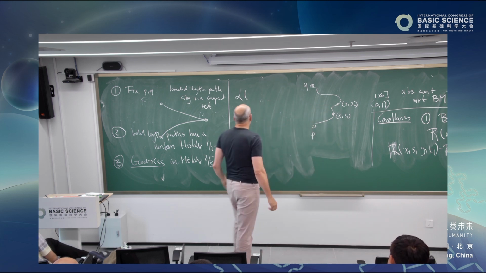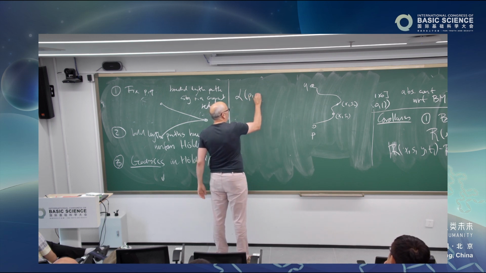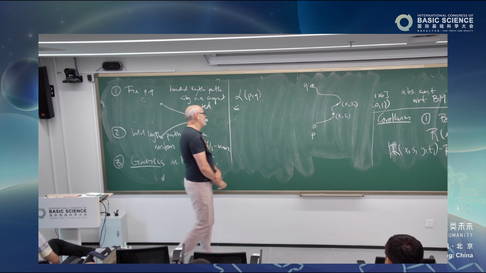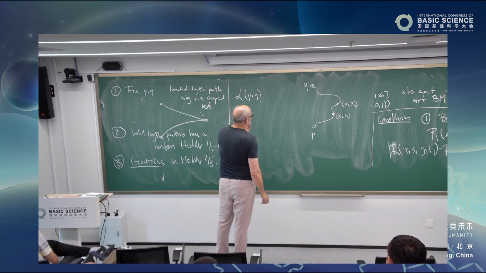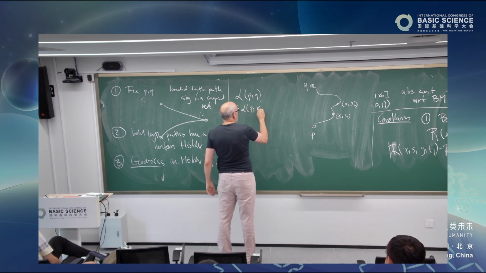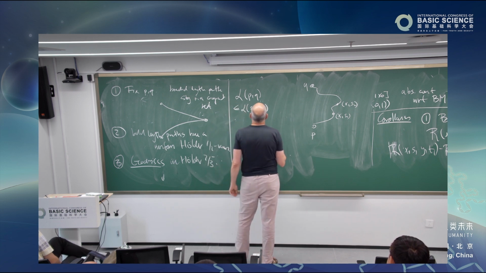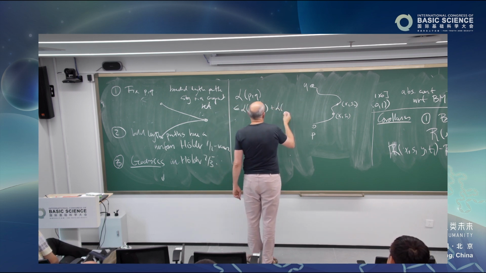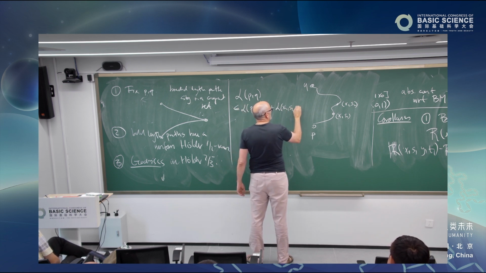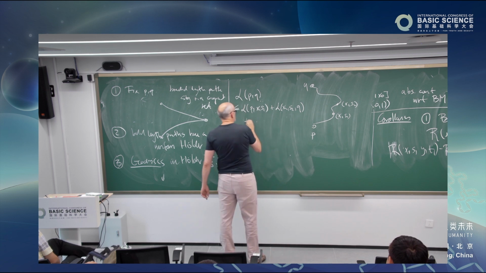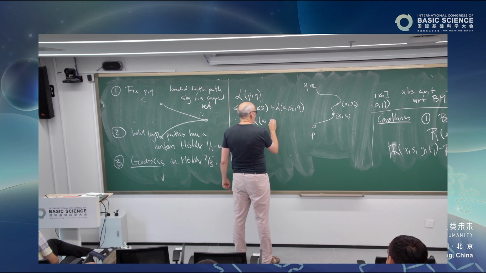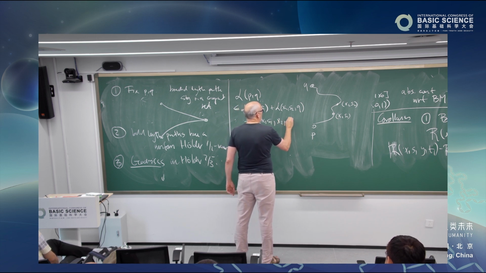So what I do is I just write L of PQ is less than or equal to L of P to (x1, s1), plus L of (x2, s2) to Q, plus L of (x1, s1) to (x2, s2).